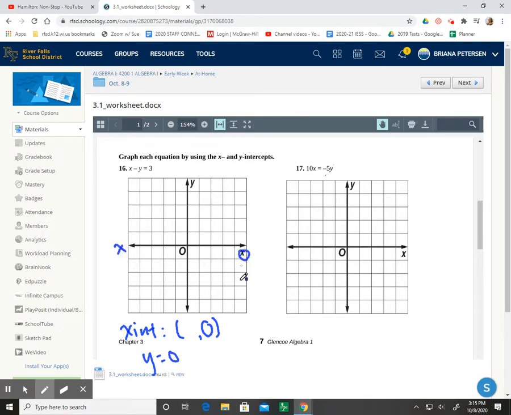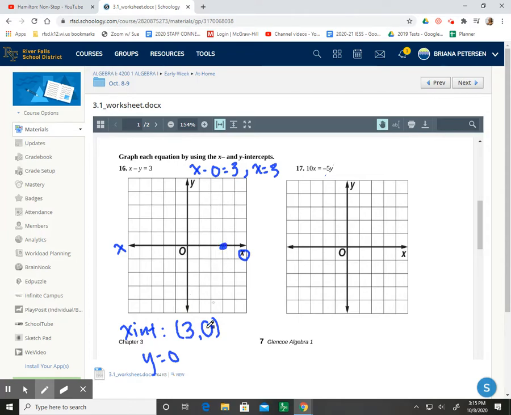We don't go anywhere in the y direction, so our y is always 0. We can take that value of y and plug it in up here. So now I have x minus 0 equals 3. Well, x minus 0 is x, so now I have x equals 3. That's my x value.